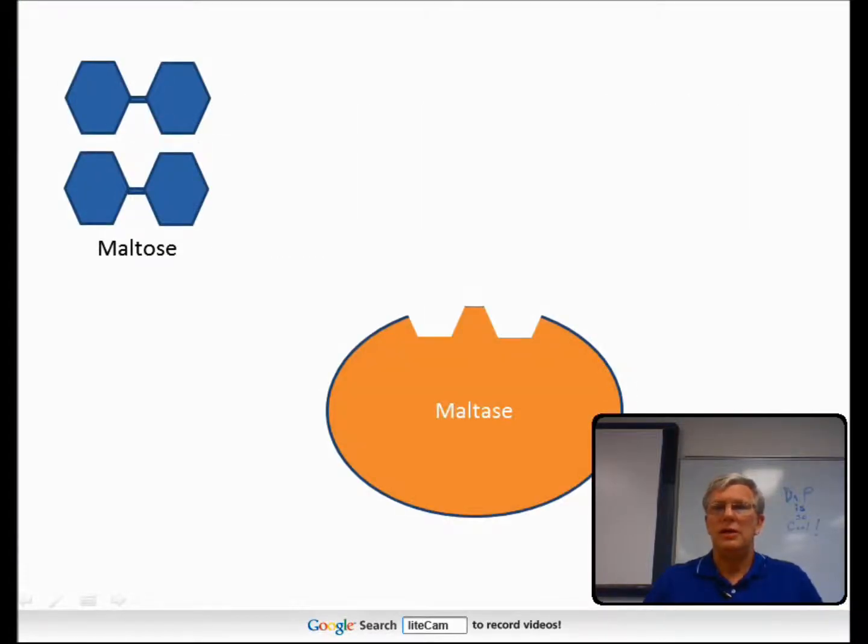This little animation is going to show you how an enzyme works. Here's an enzyme, maltase. It's a protein, and as proteins, it has a particular shape. There's our enzyme. Maltose is a sugar, and it is, in this case, going to be referred to as the substrate, which is the reactant, the left side of the arrow.